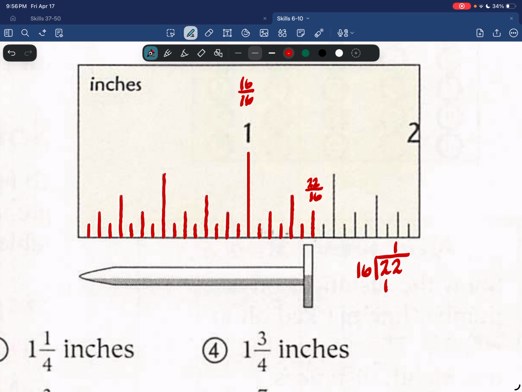That's 1 time, with 22 minus 16 is 6 left over. Oh, I'm sorry. I had a brain lapse there. That equals 1 6/16.